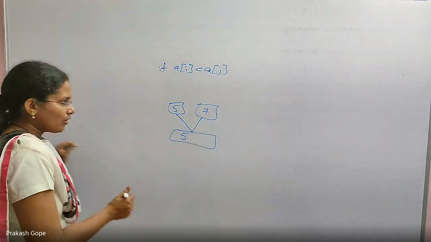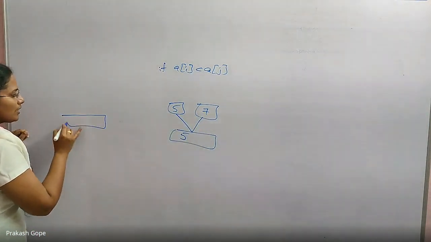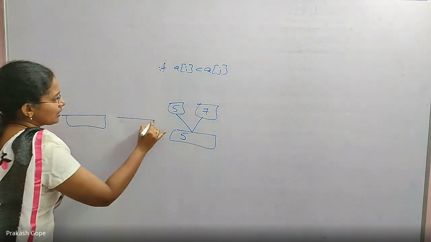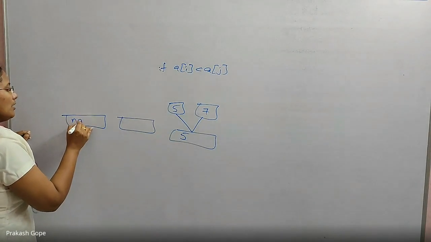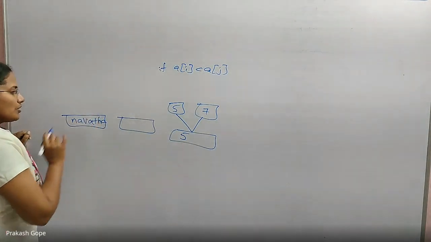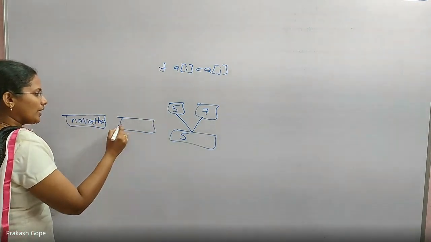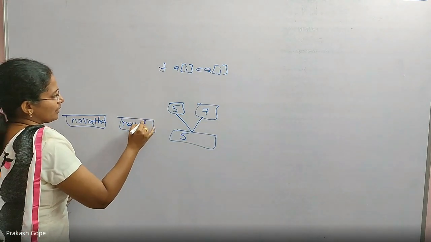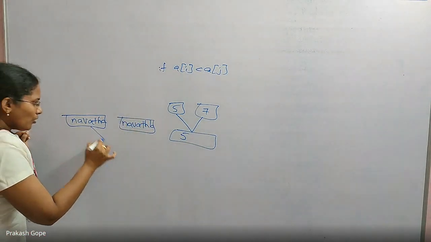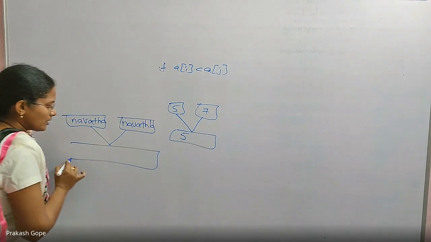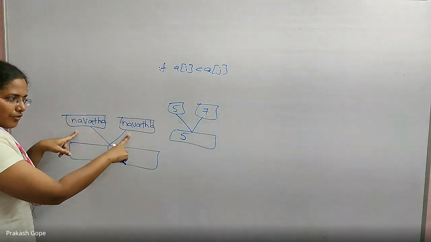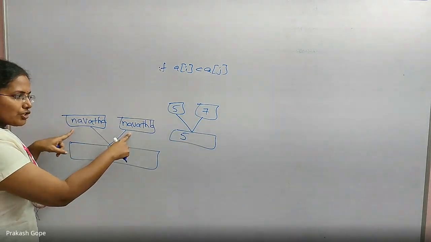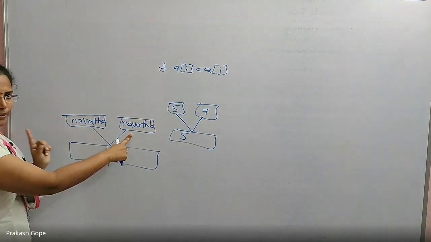But what we are solving in the GATE question is, this is one element, this is another element, but each element is a string. NAVATHA is a string of length 7. This is also of length 7, NAVATHB. I want to merge these two into one single sorted array, which of course needs a comparison. Whichever is smaller among them will be copied first.